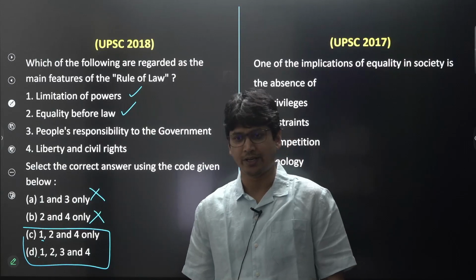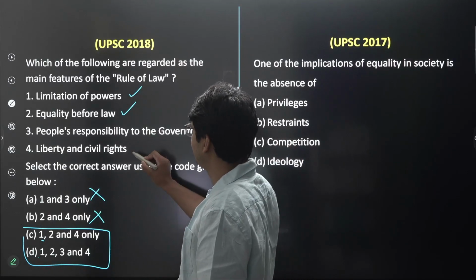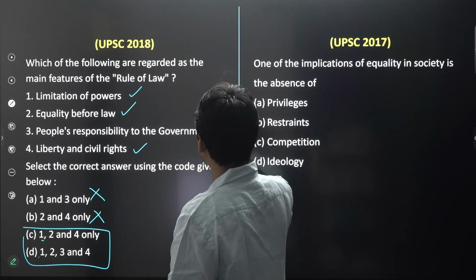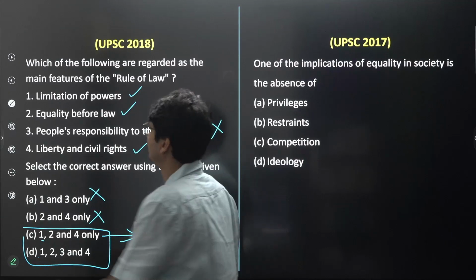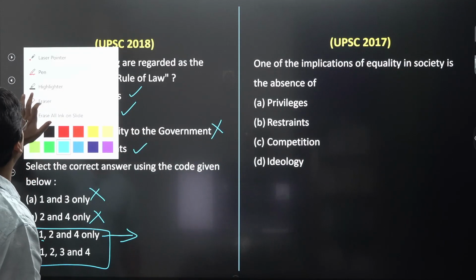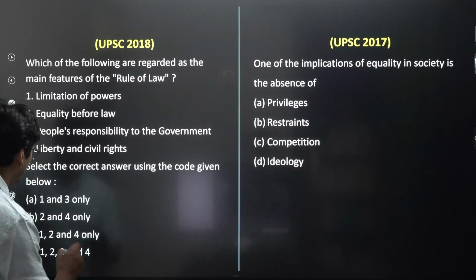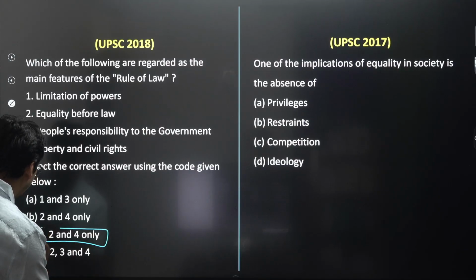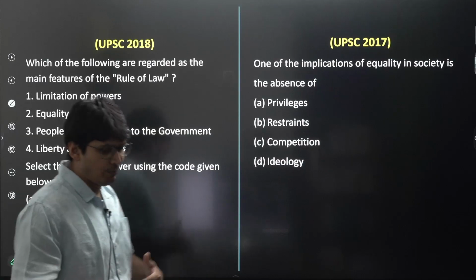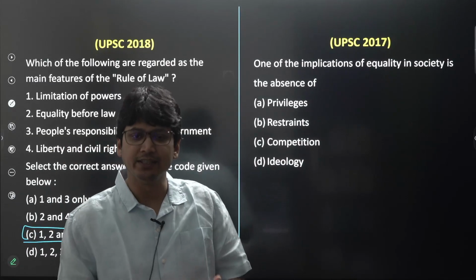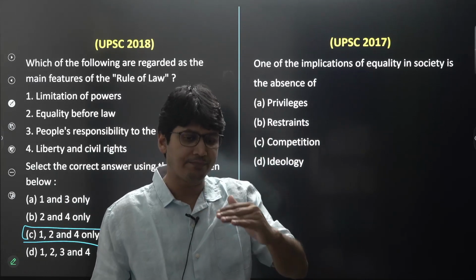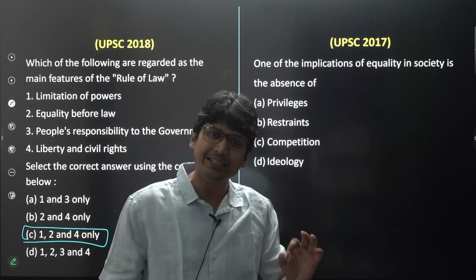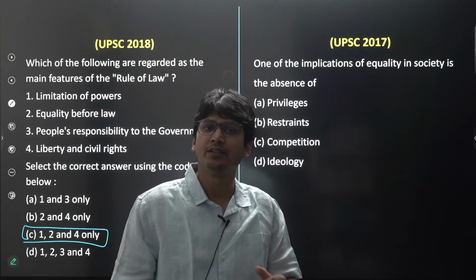Four, correct. This is not. So the correct answer then becomes C. That's how we come to the right conclusion with respect to any question. I'm also teaching you literally how to go through a question asked by UPSC step by step. The answer does not come from A, B, C, D, it comes from the options.